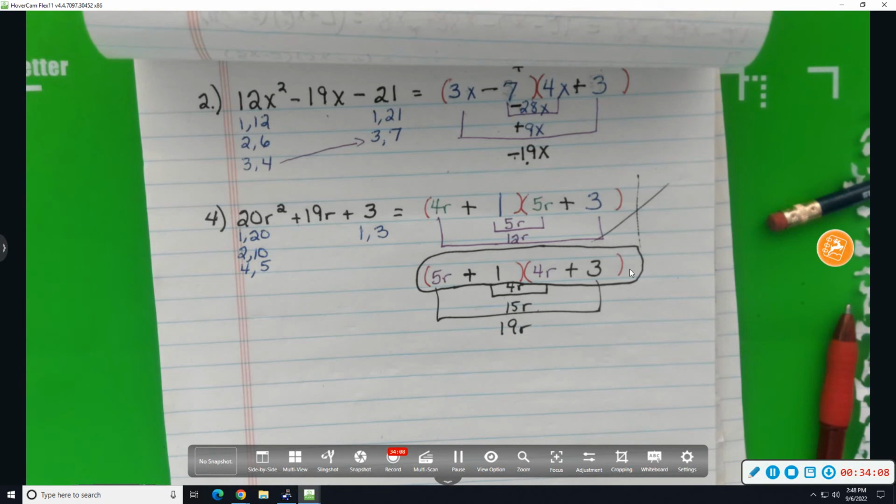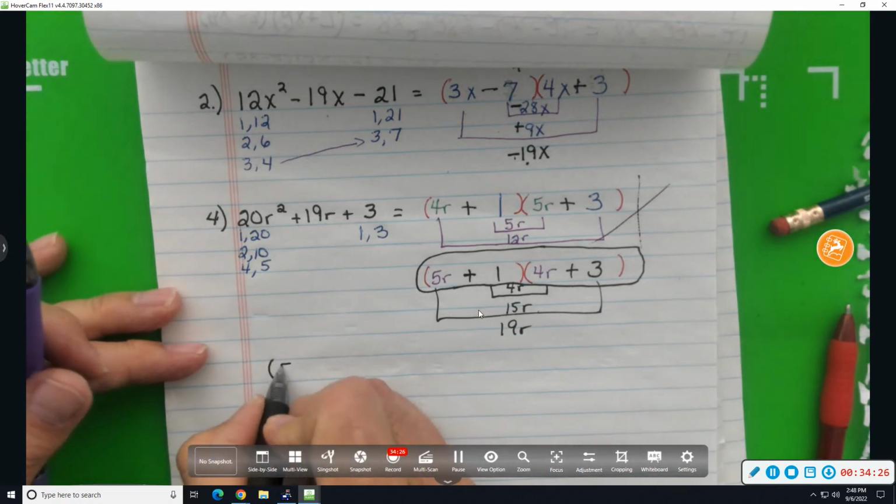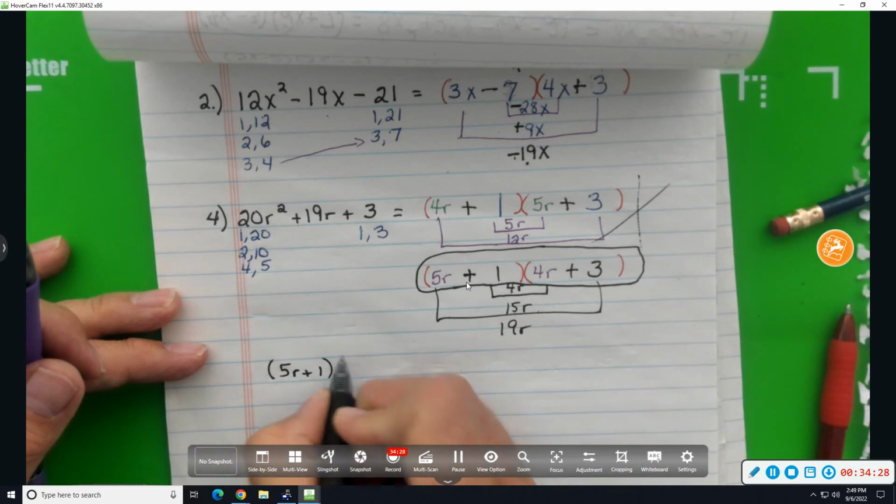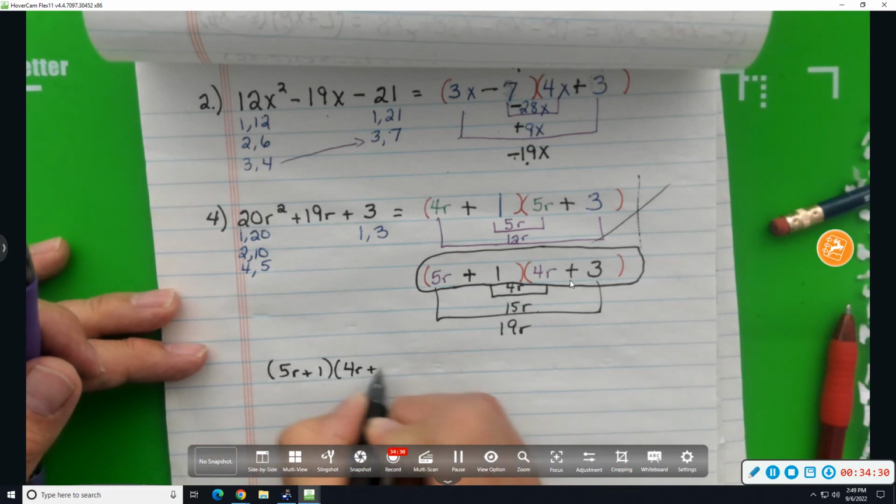Now, the correct answer has to have the same thing inside the parentheses, but there's nothing magical about the way Tony put the 5R plus 1 first. He could have had the 4R plus 3 first, and then the 5R plus 1. The order of the parentheses does not matter. All that matters is that you have exactly the same thing inside the parentheses.